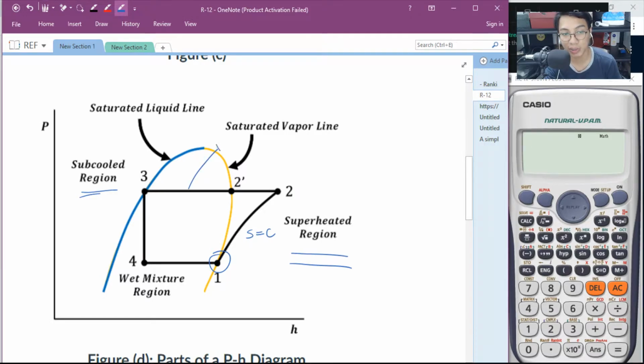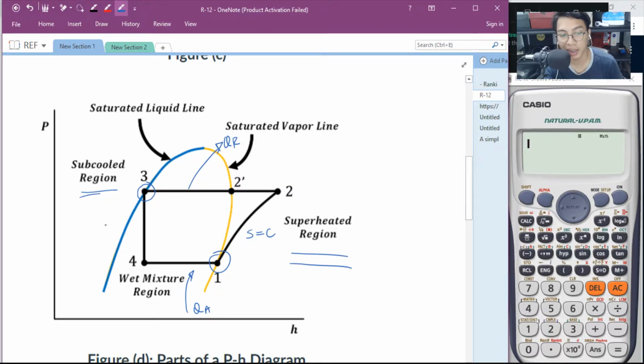So, this is QR. This is QA. Ayan. So, further cooling is made and then ma-attain niya yung kanyang liquid state ulit. Okay? Saturated liquid na siya.